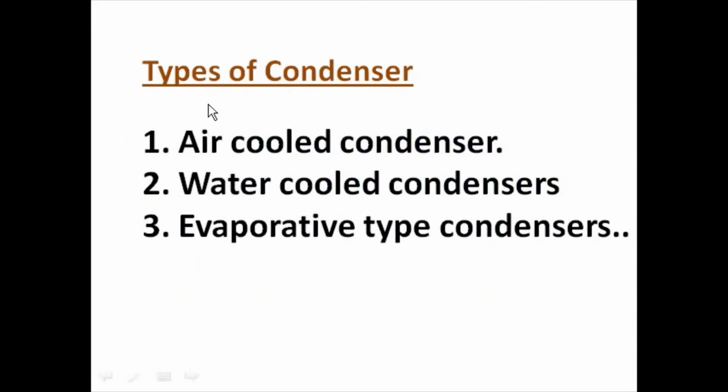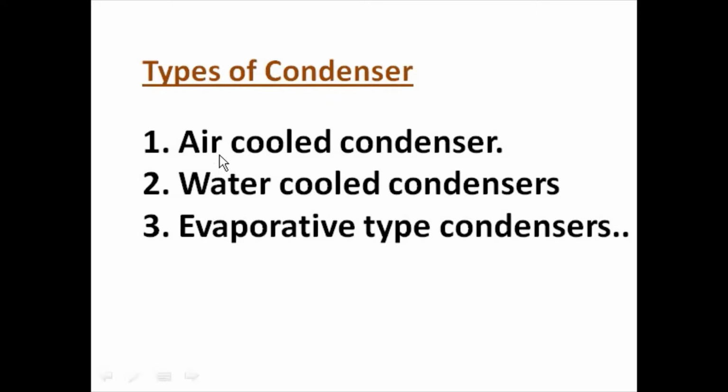The first one is air-cooled condenser, the second one is water-cooled condenser, and the third one is evaporative type condenser. These are the three main types of condenser, and each one of these has its subtypes.